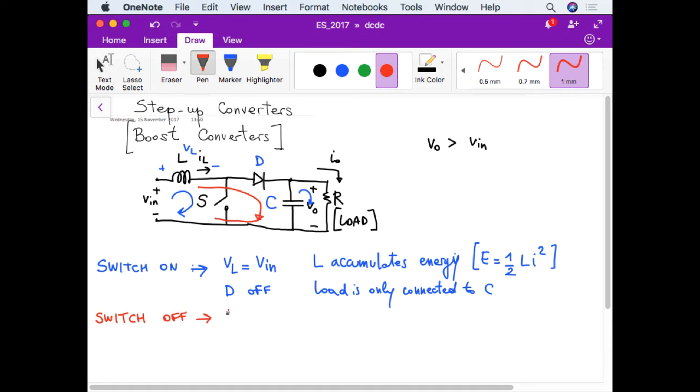So what we have is the diode goes on and the inductor L provides current to the load and also to the capacitor.